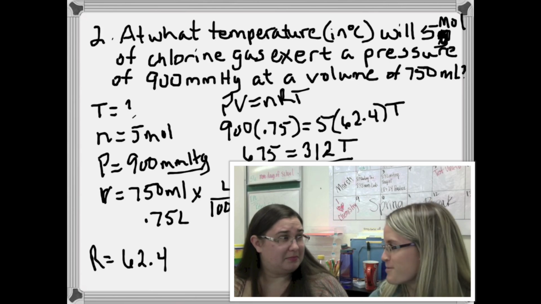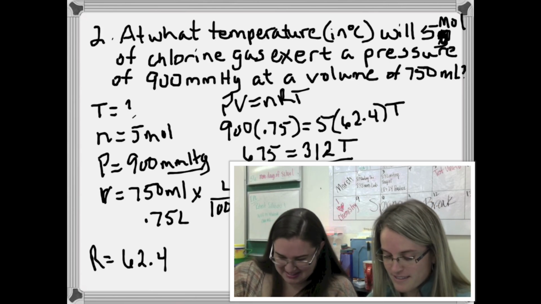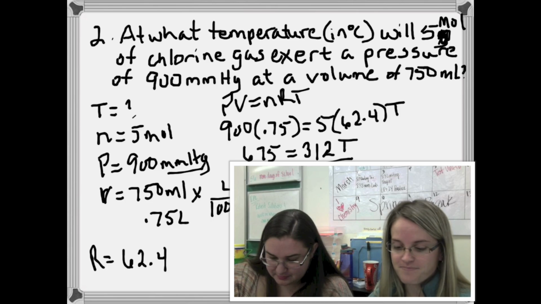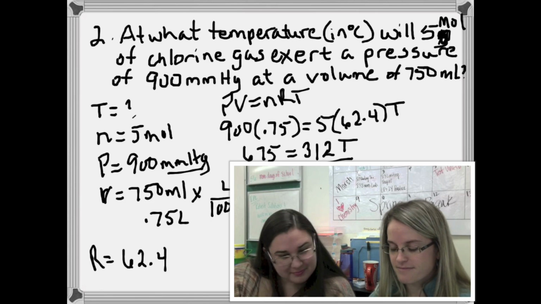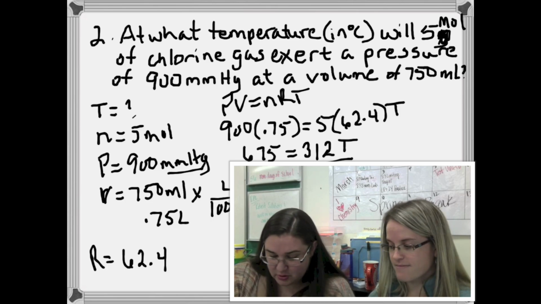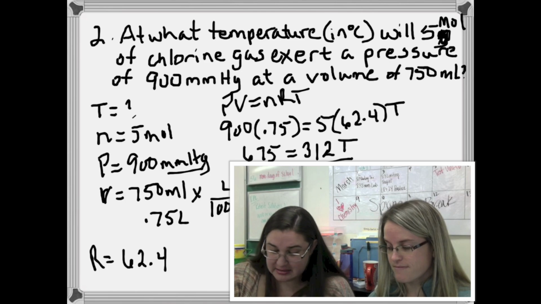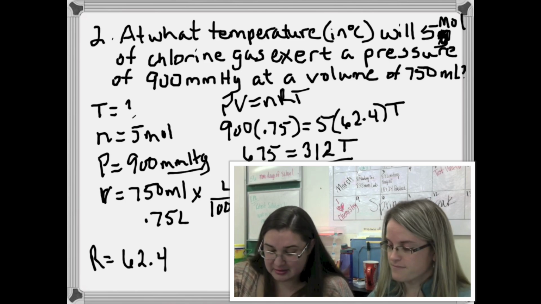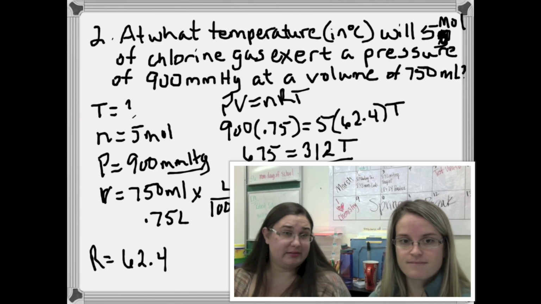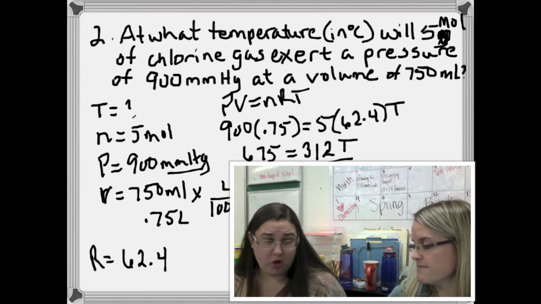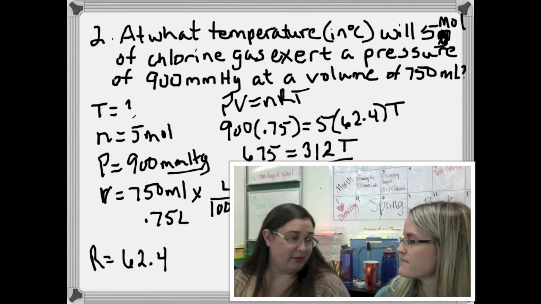So we're going to do minus 273. Negative 270, and yes, that happens. 0.8 degrees Celsius equals your temperature. Yes, that is very cold. That is, in fact, almost absolute zero.